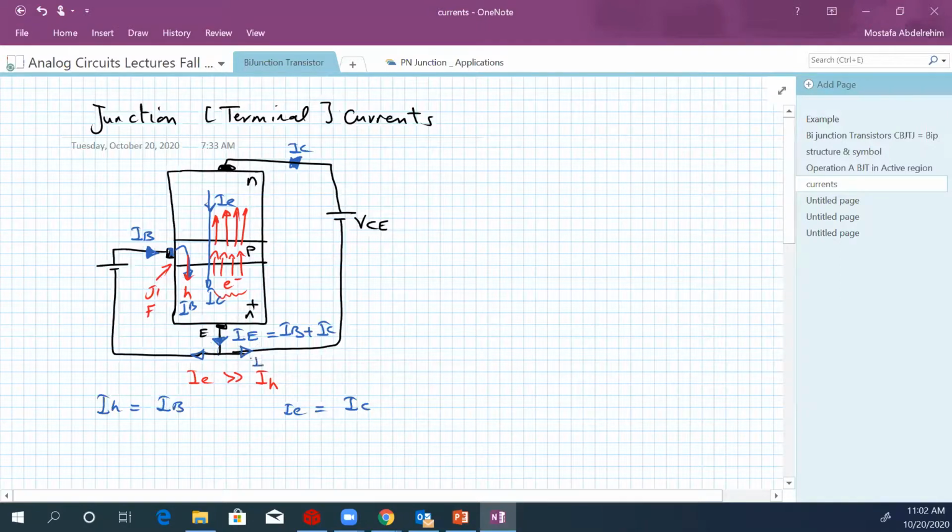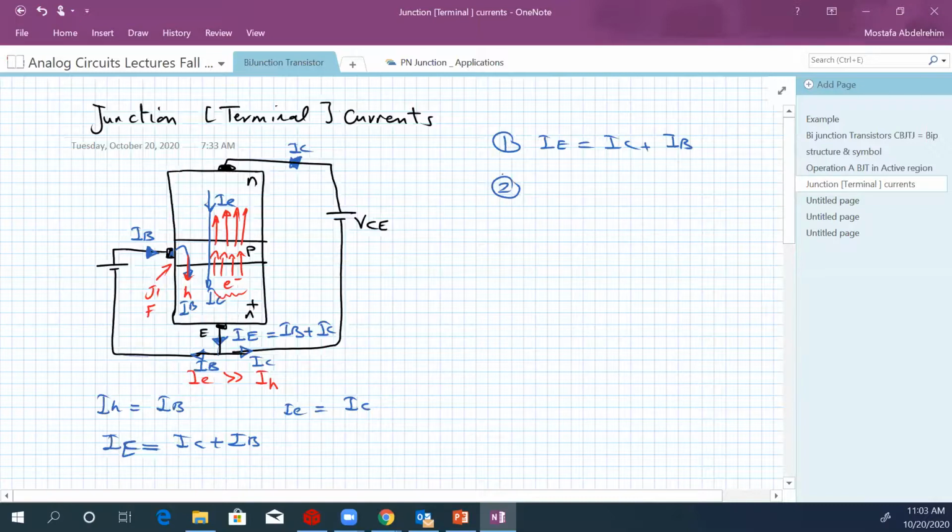One is going that way, which is IC, and it continues like this, and one is IB, and it will continue like this. So IE, the emitter current, is equal to IC plus IB. So the first equation here is that IE equals IC plus IB.